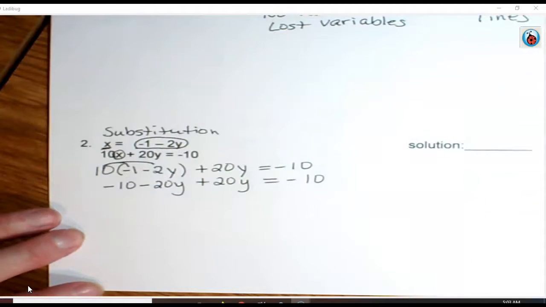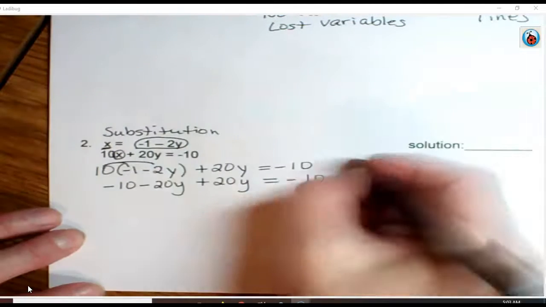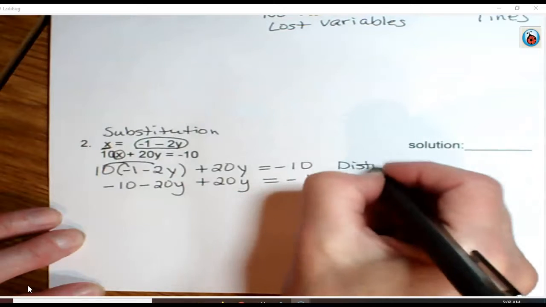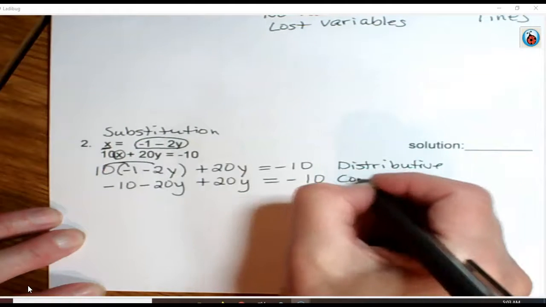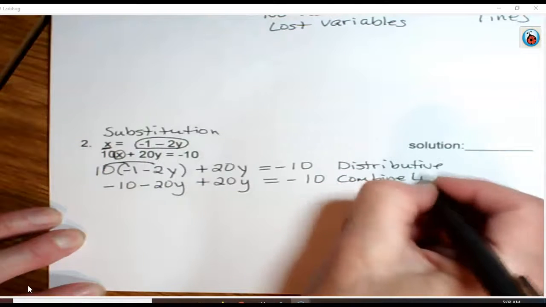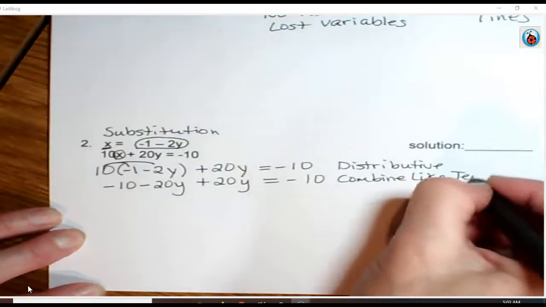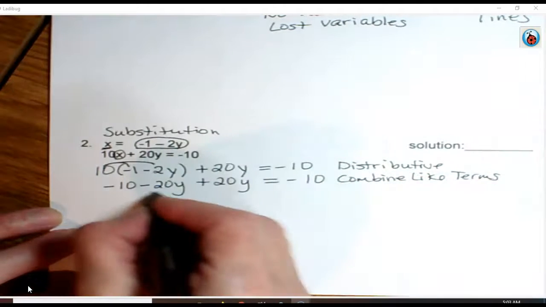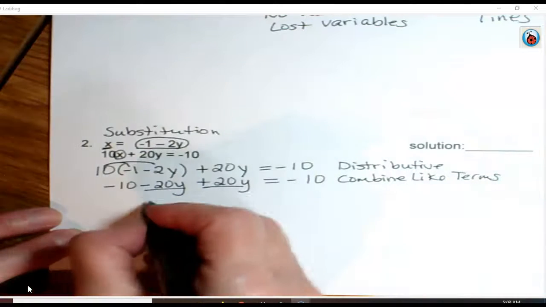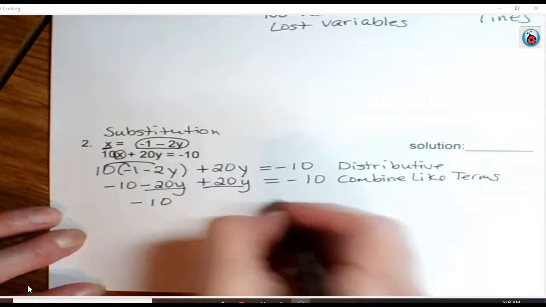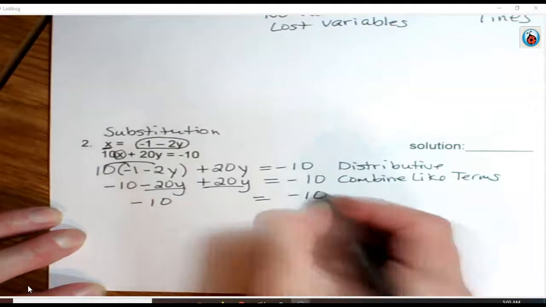Okay, after you do the distributive property, you combine like terms. Okay, so I've got a negative 20y and a positive 20y. Well, that makes 0y, so I'm just going to cancel those out. I'm going to get a negative 10 equals a negative 10.